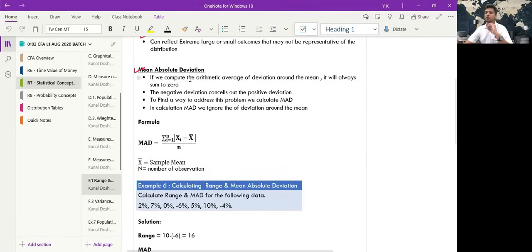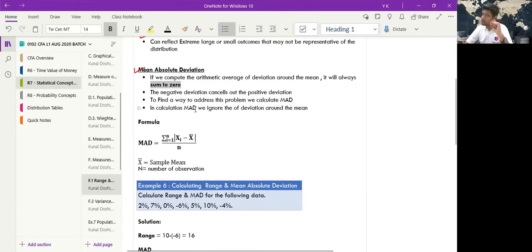What is mean absolute deviation? If we compute the arithmetic average of the deviations around the mean, it will always sum to 0, isn't it? Correct? And why is that the case? Because the negative deviation cancels the positive deviation. And therefore, in order to get rid of this problem, we calculate the mean absolute deviation.